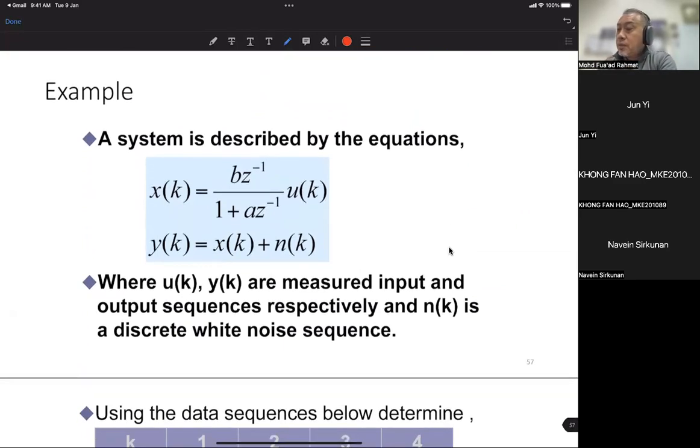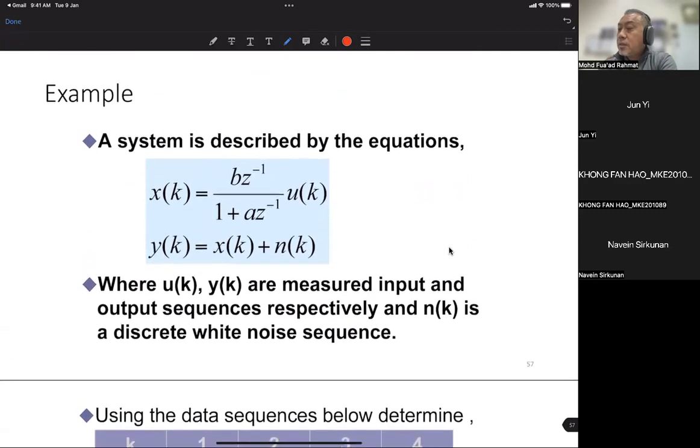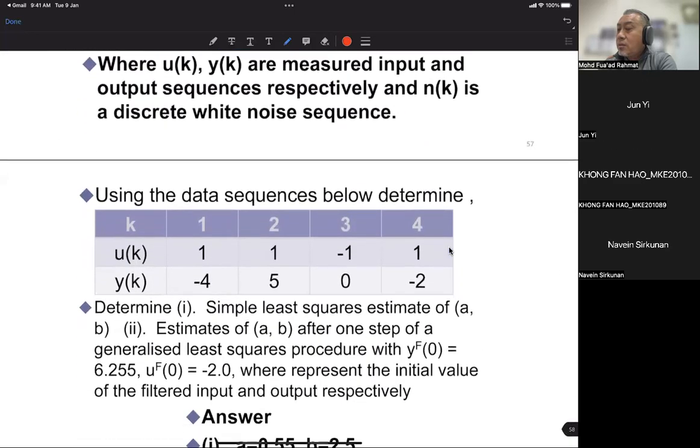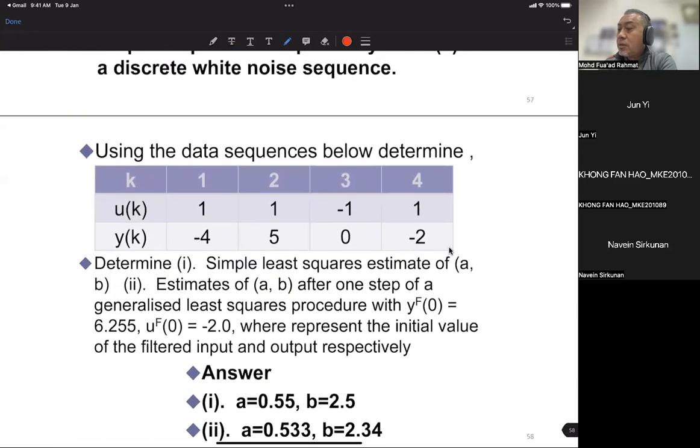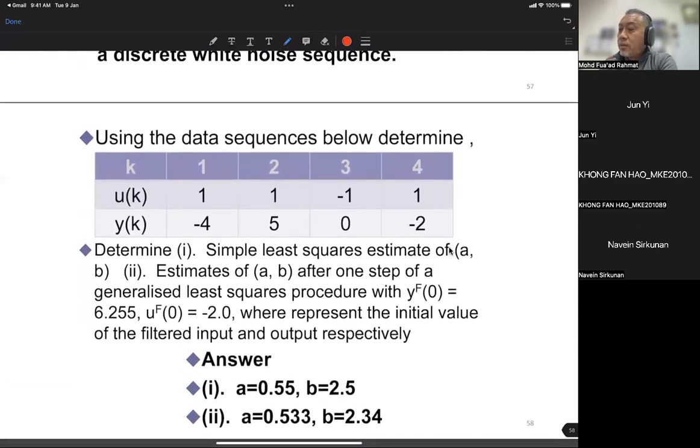The next example is for filtering as well. Using the data sequence below, estimate the simple least square, and then estimate the filtering least square. YF0 is given here. I give you the answer, but there are no solutions, so kindly do it by yourself and then share your answer with me.